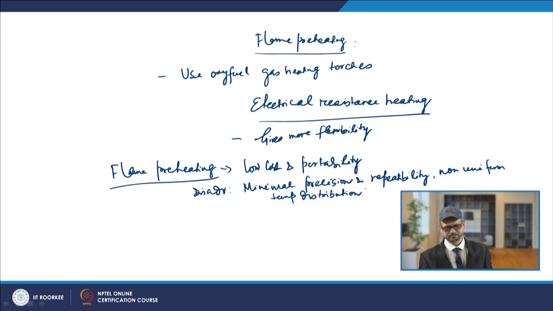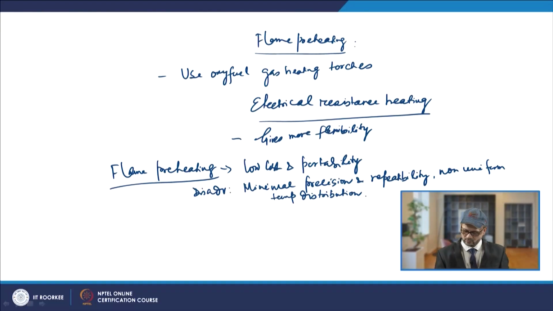And also in that case, as we discussed, it will very much depend upon the skill of the operator, because he will be better at controlling that flame, the type of flame which is required, suppose carburizing or oxidizing or neutral.